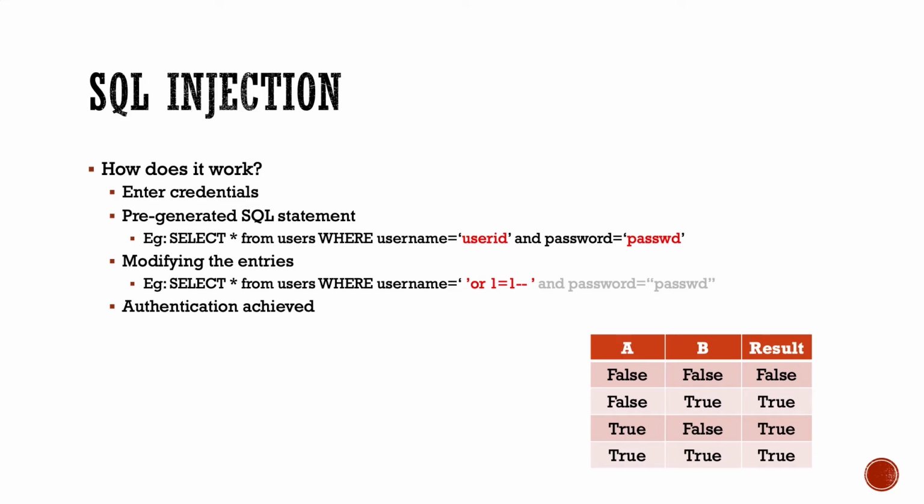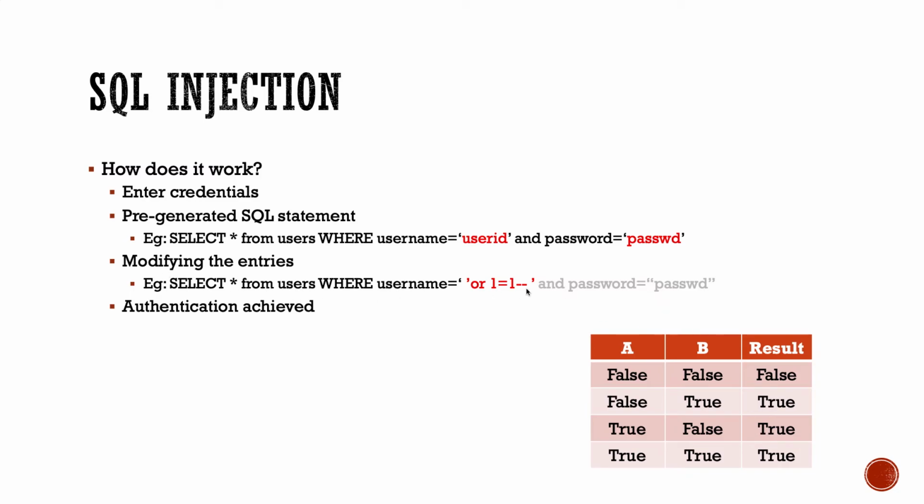We are going to modify the SQL query so that it has something which always returns true, like 1 is equal to 1. Obviously 1 is equal to 1, which is true. So how are we going to incorporate that into this SQL query so it always returns true?